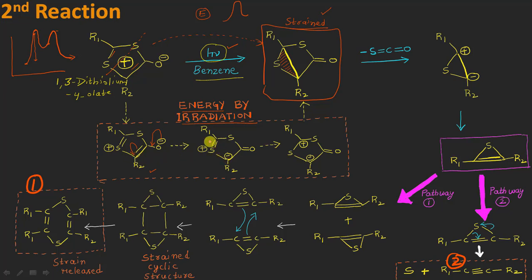Moreover, another resonance here gives a positive charge on this carbon atom, right? So now this is basically our 1,3 dipole, not to forget. Let me write here 1,3 dipole. But this time we have a positive and a negative charge, right?